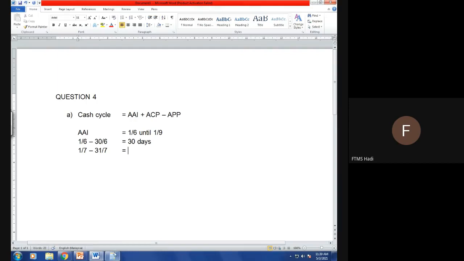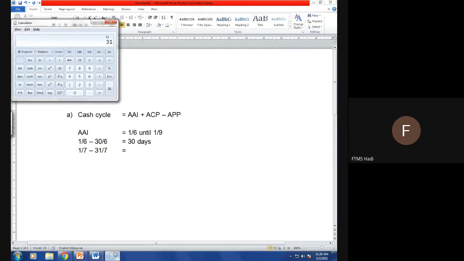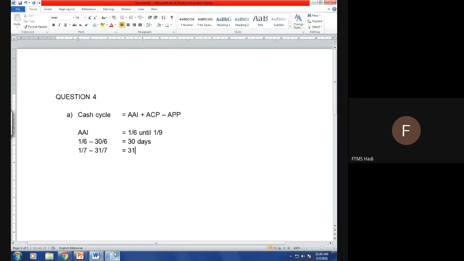So 31 minus 1 plus 1, which is 31 days. How about August? 1st August until 31st August, which is 31 days. For September, the final day is 1st September, so 1st September is counted as one day, because the last day is 1st September.